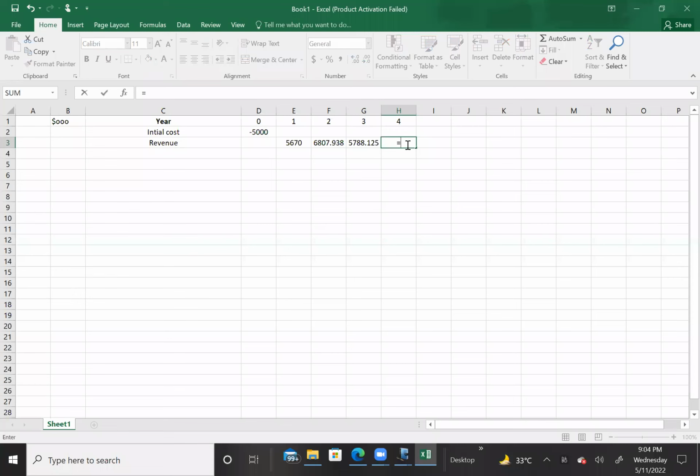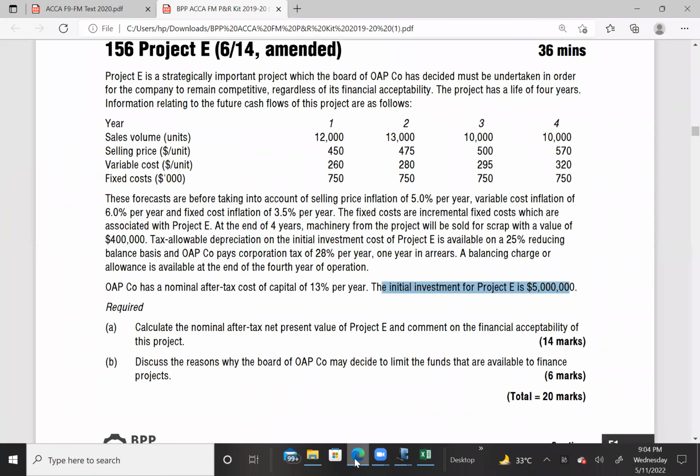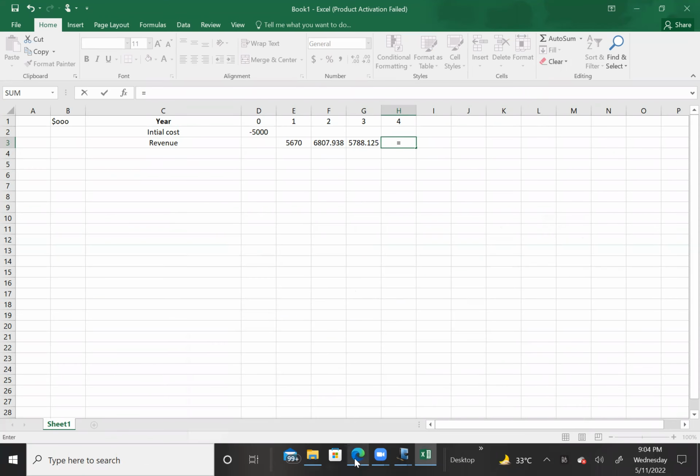And then we have year 4, and in year 4, the sale price is 570. Units are still the same, into 570 and into 1.05, and this time raised to power 4.